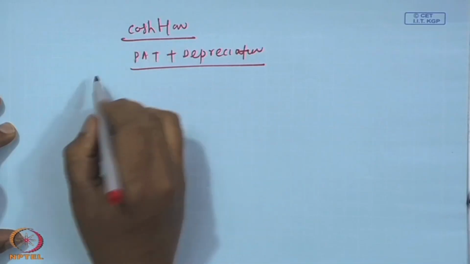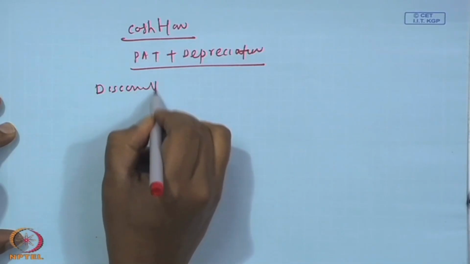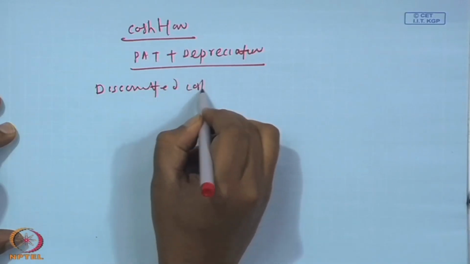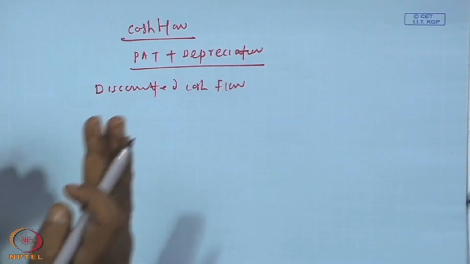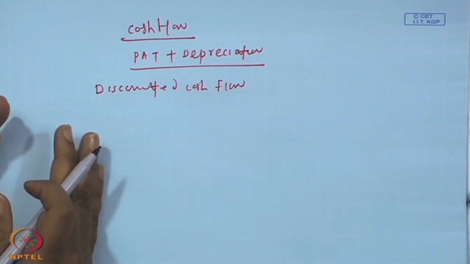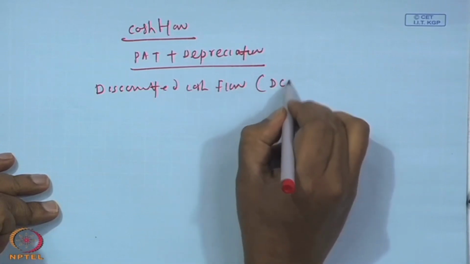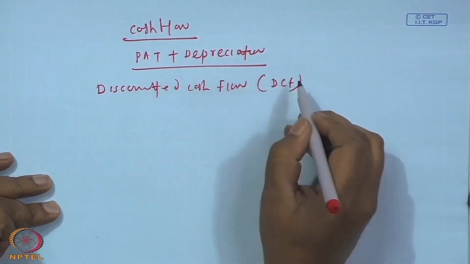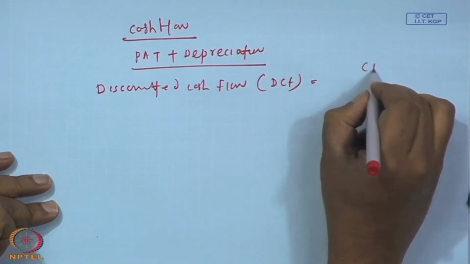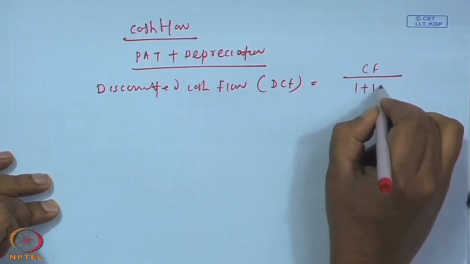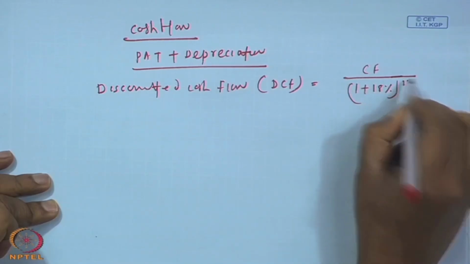Once you have the cash flow, you have to calculate the discounted cash flow, because these cash flows are over the period. Our investment of 4,000 crores is today and these cash flows are future in nature, so we have to bring them to present value by discounting at 18%, because our cost of capital or discount rate is 18%.